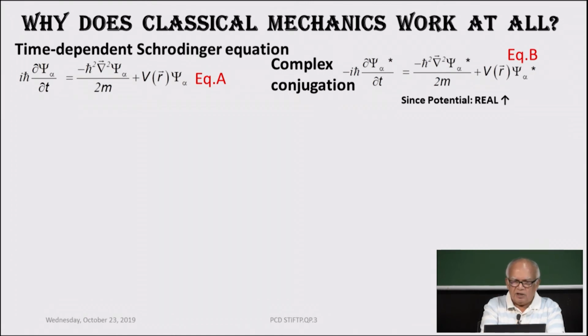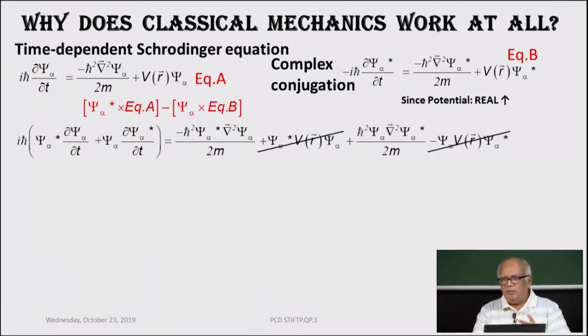So we have written the time dependent Schrodinger equation. We also complex conjugate it, so there are two equations, A and B. We do a little bit of simple algebra. You multiply equation A by psi star and equation B by psi, and then take the difference, cancel the common terms.